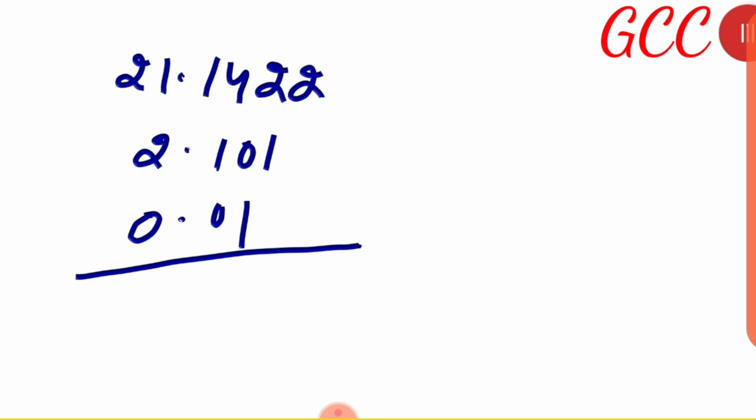Okay, now you see, same way we can do it for the subtraction also. You see, all of you. Let it be, we are having 21.1422 and there is 2.101 and this is 0.01.